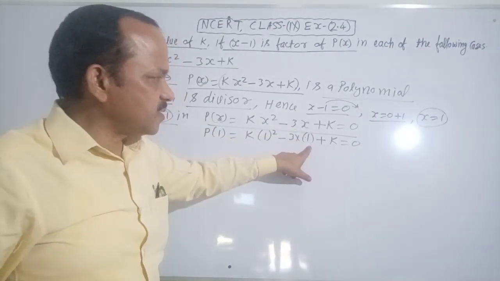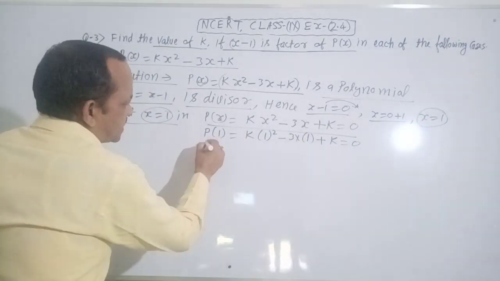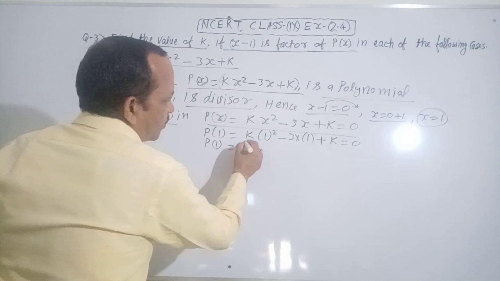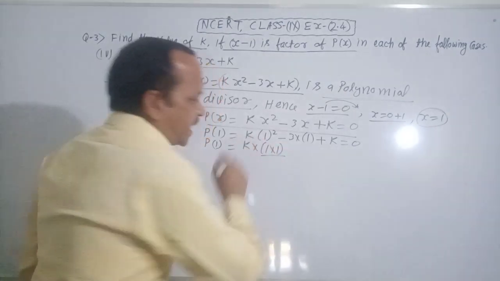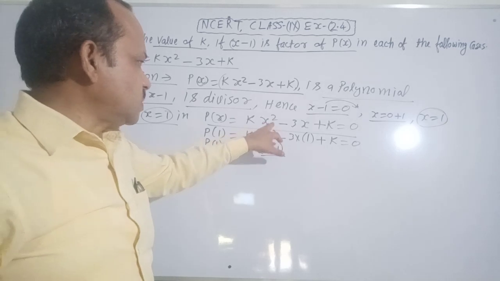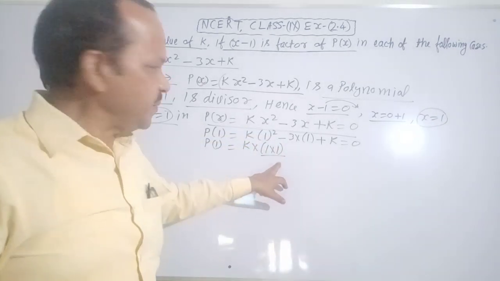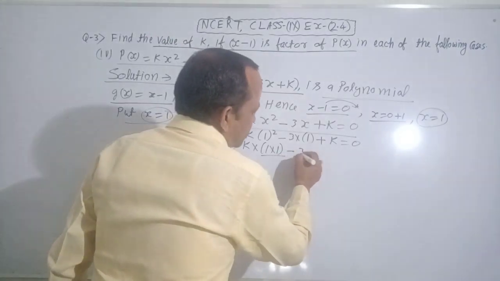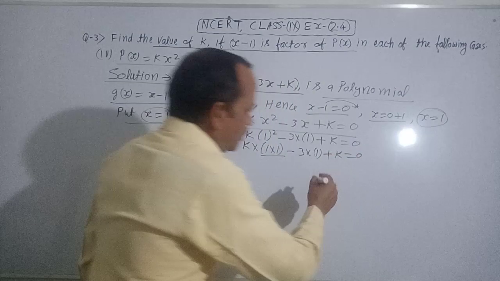Here x means 1. Is it clear? You can write it as p(1) equal to k multiply 1 multiply 1, 2 times, because x square means 1 square, means 1 multiply 1, 2 times. Clear? Here minus 3 multiply 1 plus k equal to 0.